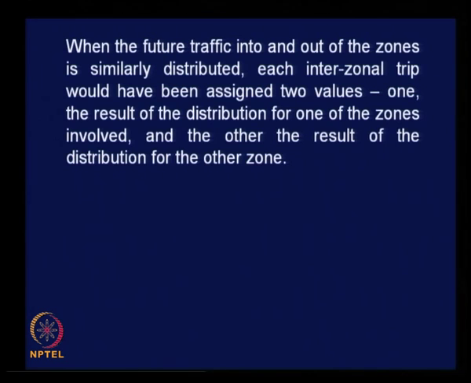For example, if you have zones 1 and 2 in the zonal pair, we will have T12 and T21, that is what is meant here by 2 values. One is the result of the distribution from one of the zones involved and the other the result of the distribution for the other zone.